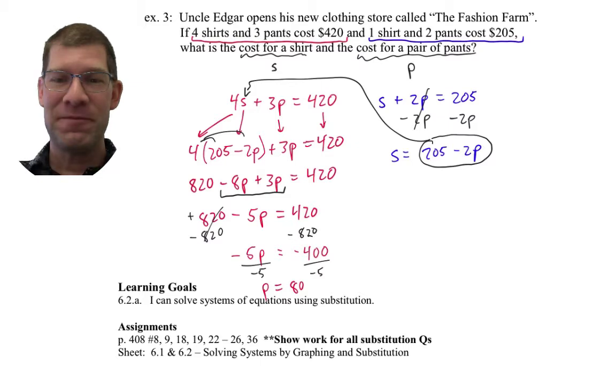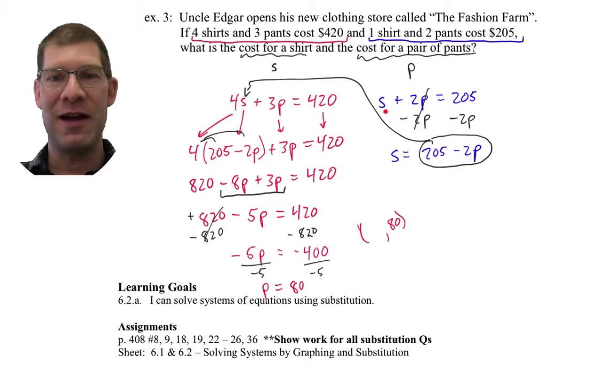And then I don't know if we were doing our ordered pair as like S comma P. So you could put like 80 over there, but you at least want to know that pants cost $80. And once we're there, we could plug this into either this first equation here at the top, this equation here in blue, or this equation should be the same as this one, which is already solved for S, which is what we need.